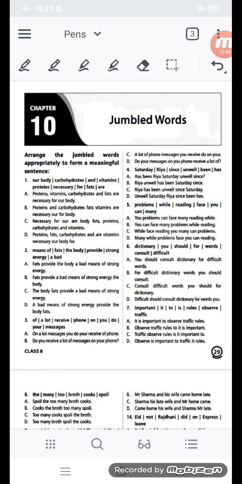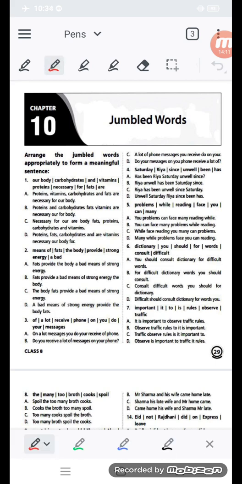Arrange the jumble words appropriately to form a meaningful sentence. So first of all, you have to arrange these words to make a meaningful sentences.